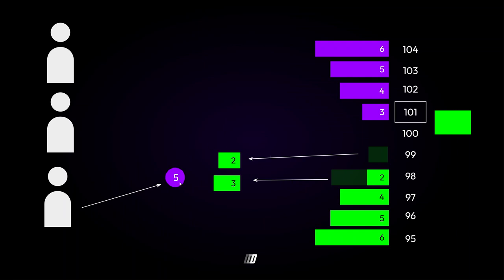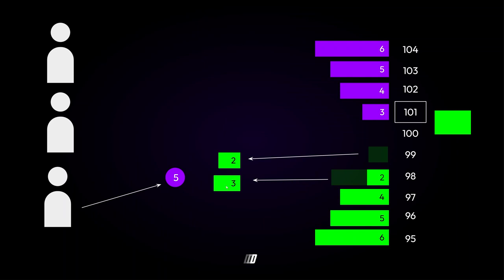So this order got slipped and some of it got filled here and some of it got filled here. So the average price of this trade will actually be somewhere around the middle, because I paid 99, I paid 98, so probably the average is like 98.5 or something, right?